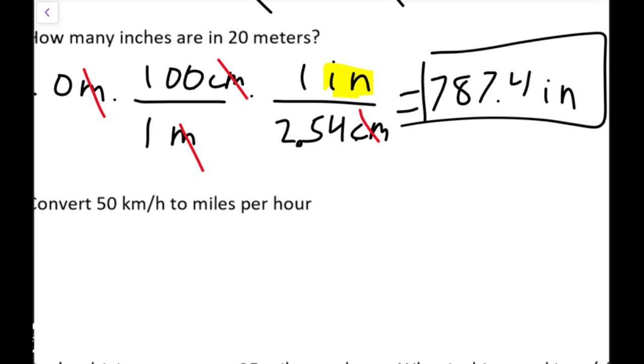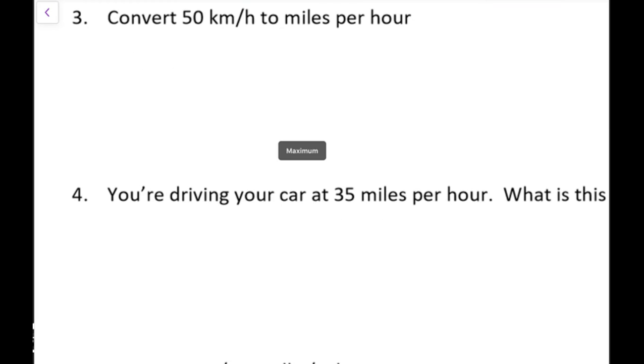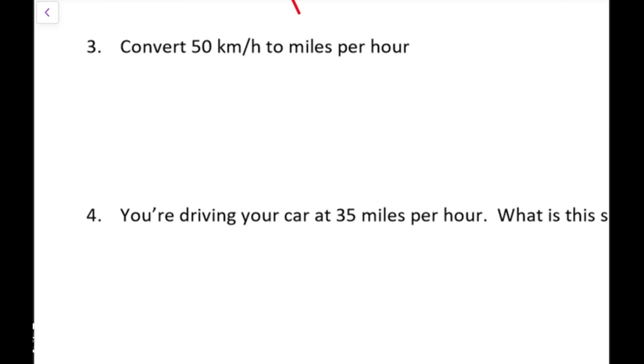Okay. Now, what happens if they give us 2 units? So kilometers per hour here. They give us 50 kilometers per hour to miles per hour. Now, in this case, when you have 2 units, one per another unit, just put the second unit on the bottom like this. So 50 kilometers per 1 hour.